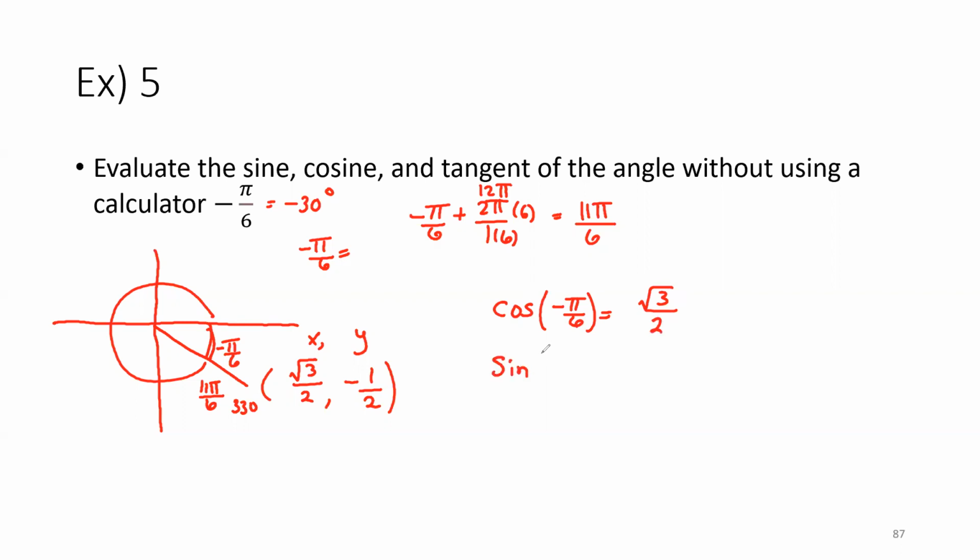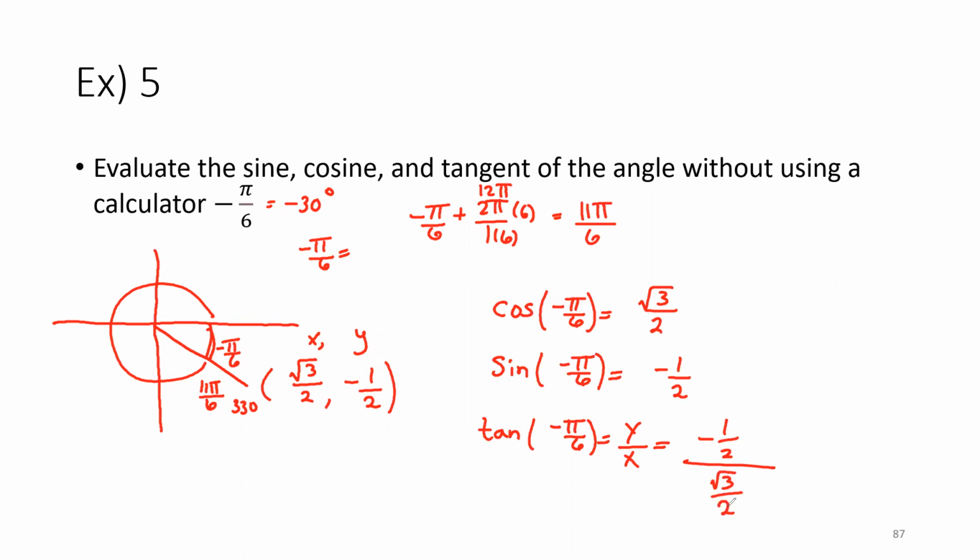Sine of negative pi over 6 is negative 1/2. Tangent of negative pi over 6 is y over x. So our y value is negative 1/2 divided by our x value, which is radical 3 over 2.